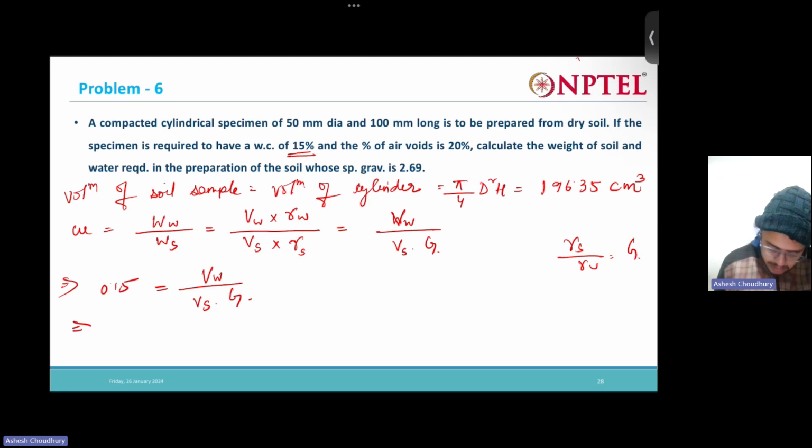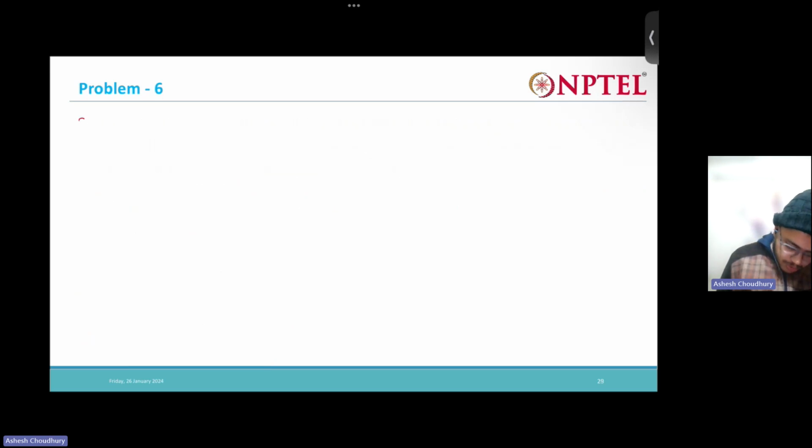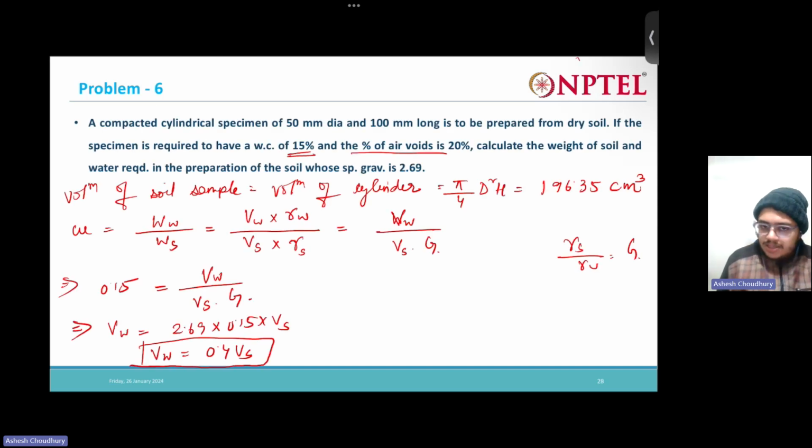From here, if we want to write VW, we can write it like this. Okay, we get this relation. Now, percentage air voids is 20%, it's given.